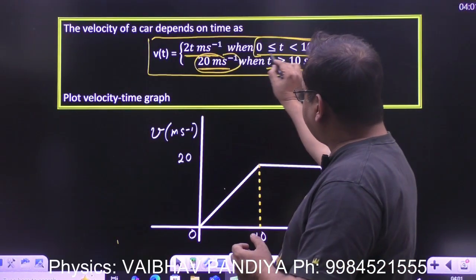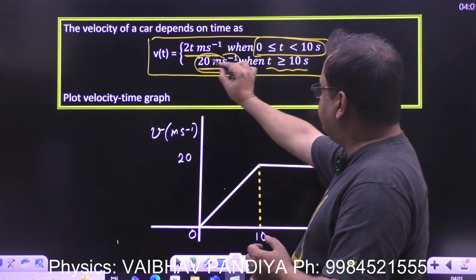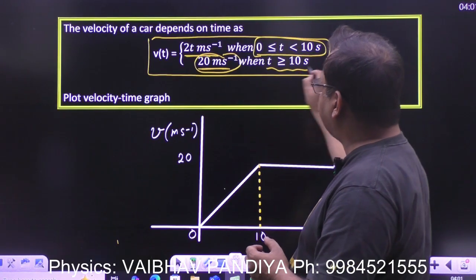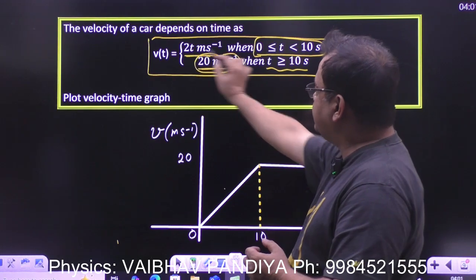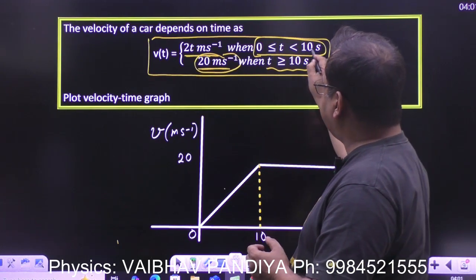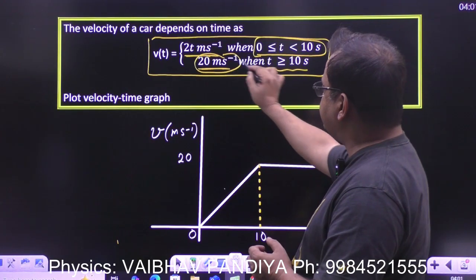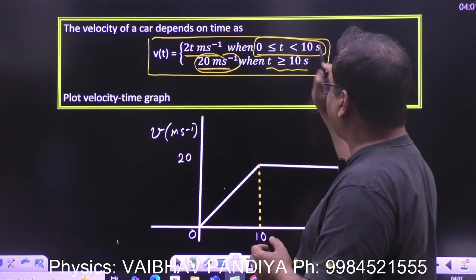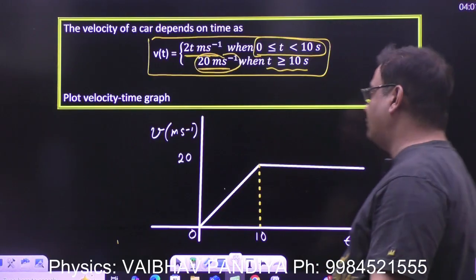The values of t which constitute the meaning of the function are called the domain of the function. Here you can see the velocity is equal to 2t when t is between 0 and 10, and the velocity is 20 meters per second when t is greater than or equal to 10. So this value of t constitutes the domain of the function.